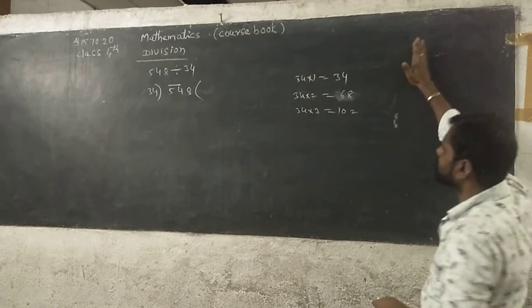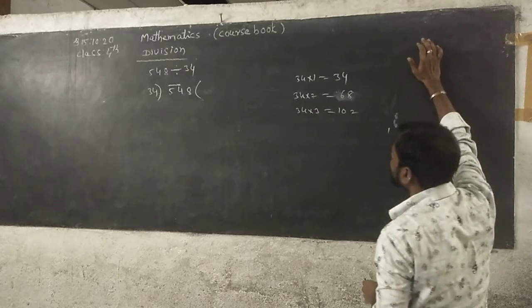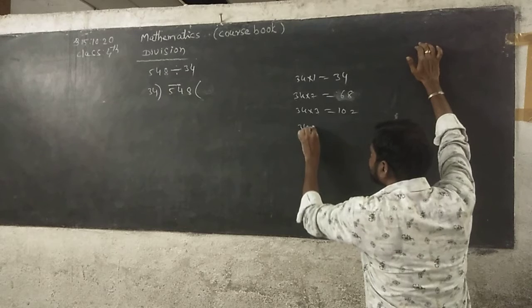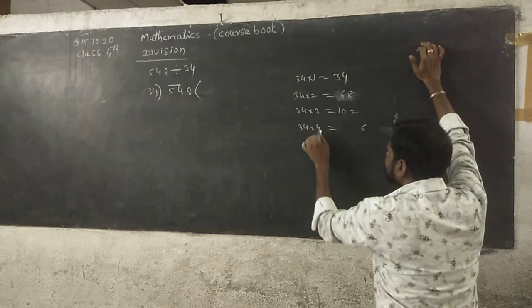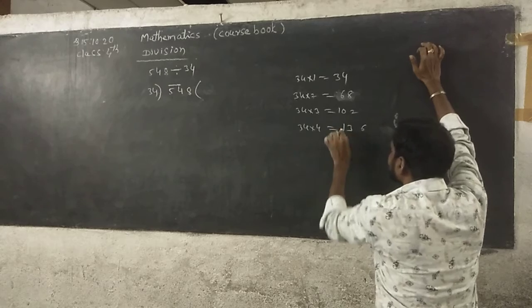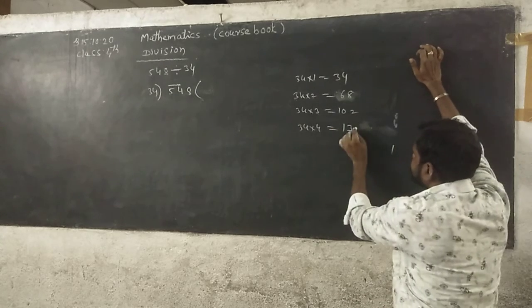Next, 34 threes are, 3 4s are 12, 2 taking 1 carrying, 3 3s are 9 plus 1, 10. Next, 34 fours are, 4 4s are 16, 6 taking 1 carrying, 4 3s are 12 plus 1, 13, means 136.